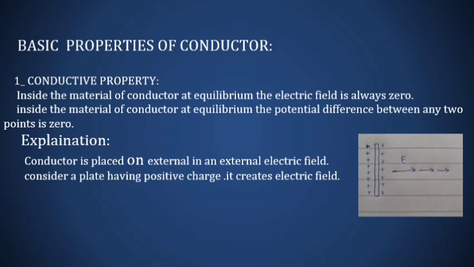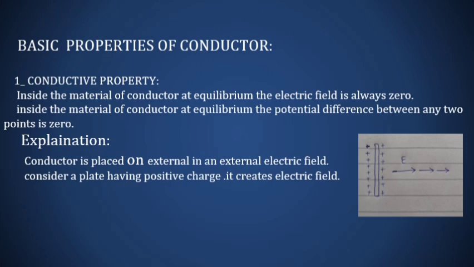Explanation is given here. Conductor is placed in an external electric field. Consider a plate having positive charge. It creates electric field. As we know, when two plates of opposite charges or same charges are placed, then there develops an electric field.